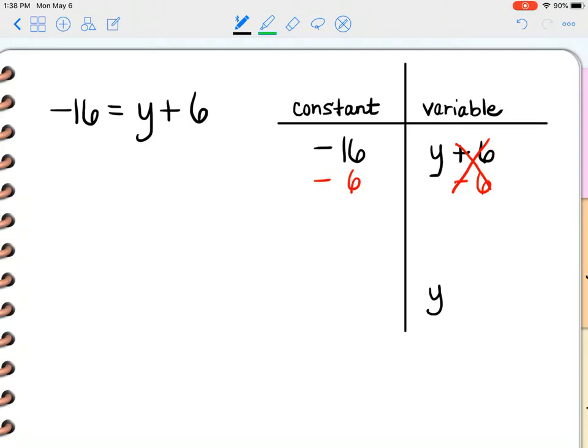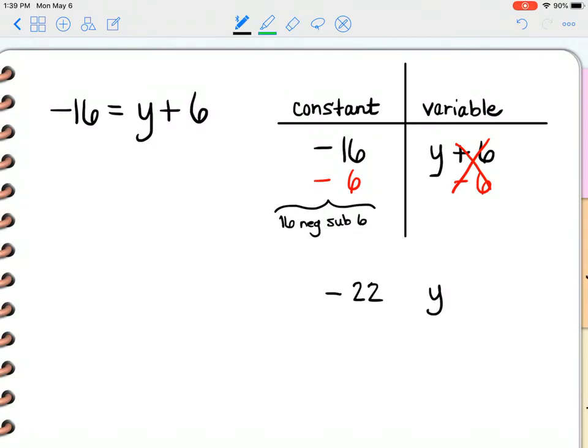Put it down here. So this is saying negative 16, subtract 6. And when you put that in your calculator, you want to type all clear, negative 16, subtract 6 equals negative 22.